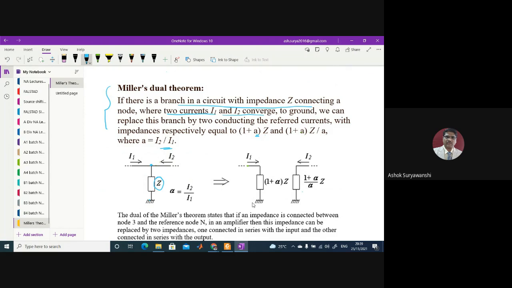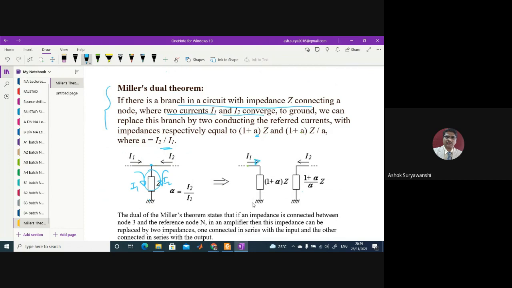So I1 is here and I2 is here, and they converge to ground. These two currents are converging at this particular element. We can replace this branch by two branches carrying the referred currents, that is I1 and I2, something like this.